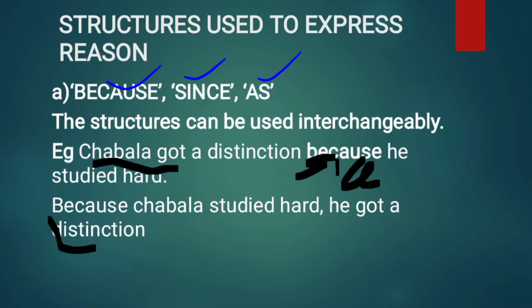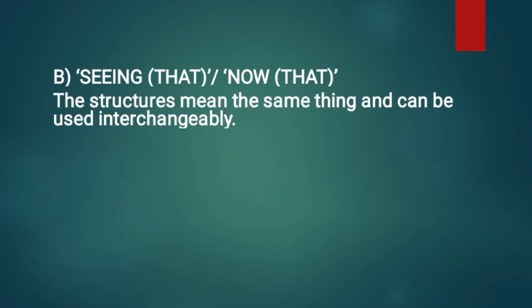Even for this one, you can say since Chavala studied hard, comma, he got a distinction, or as Chavala studied hard, comma, he got a distinction. Full stop here. So this is what we mean by using the structures interchangeably. Even for seeing that and now that, we do the same. You can use them interchangeably.